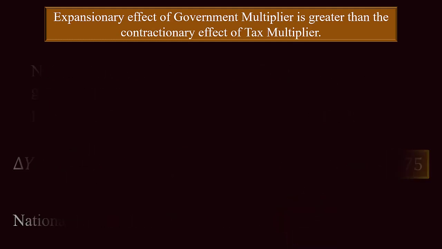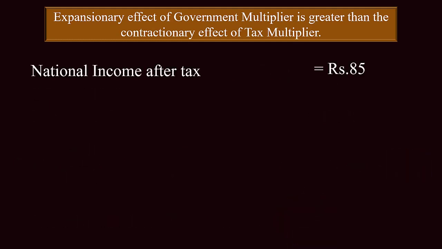The government uses the thus collected tax amount 25 rupees for government purchases, that is, spends on goods and services. Let us examine its effect on national income. Government expenditure will expand the national income by government multiplier times 25.